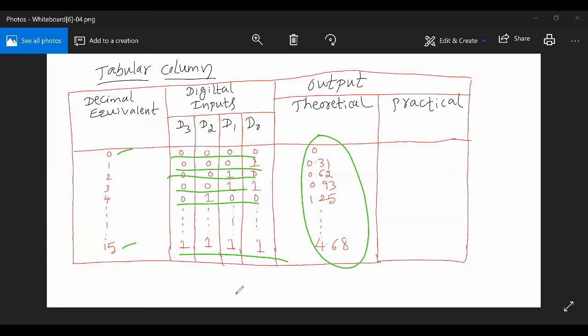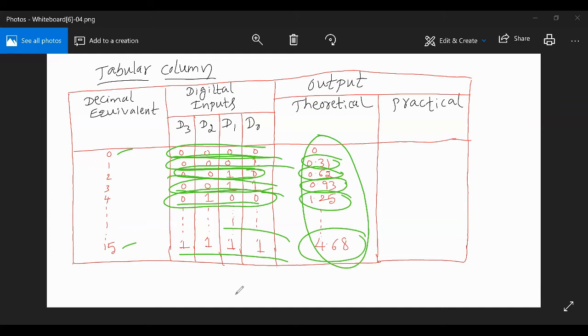You can see 0 for digital input 0, 0.31 for digital input 1, 0.62 for digital input 2, 0.93 for digital input 3, 1.25 for digital input 4, and 4.68 for digital input 15.